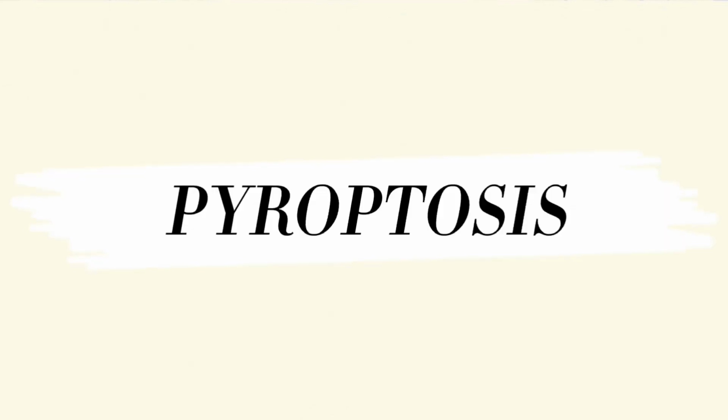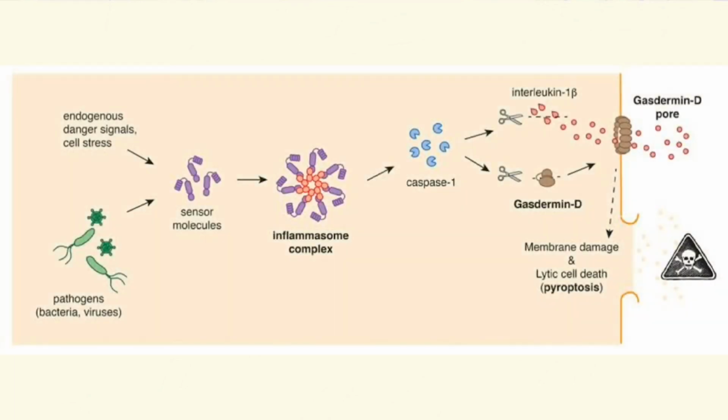Pyroptosis. Pyroptosis is another form of cell death that is triggered by pro-inflammatory signals and associated with inflammation. This type of cell death is seen primarily in inflammatory cells such as macrophages and may be triggered by bacterial or pathogen infections. In pyroptosis, it is observed that bacteria-infected macrophages underwent a rapid lytic cell death dependent on caspase-1 activity.